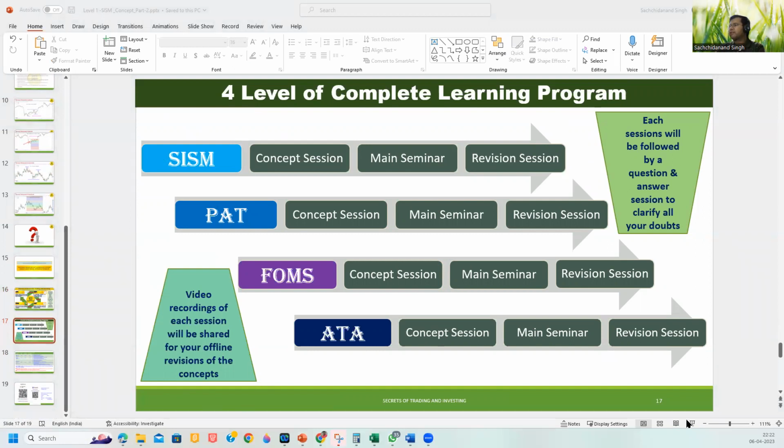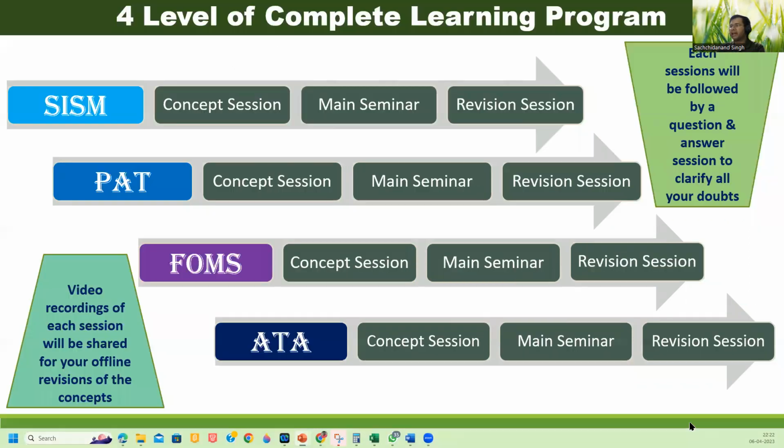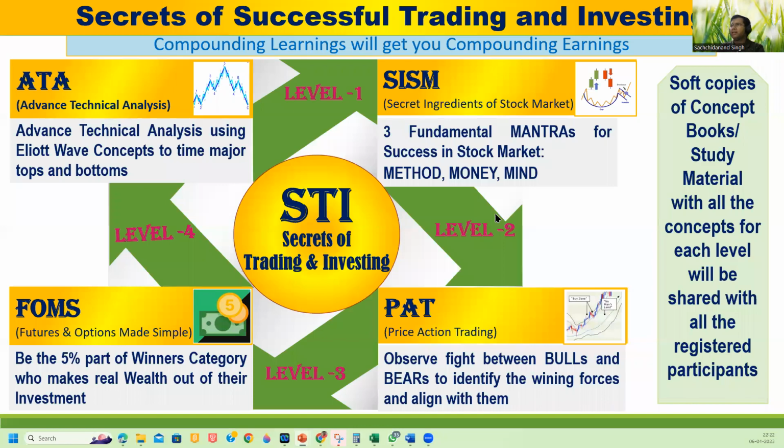So this is the 4 levels of learning we have. We are at level 1, and once it's over, we are going to levels 2, 3 and 4. In each level we are going to add something advanced on top of level 1.